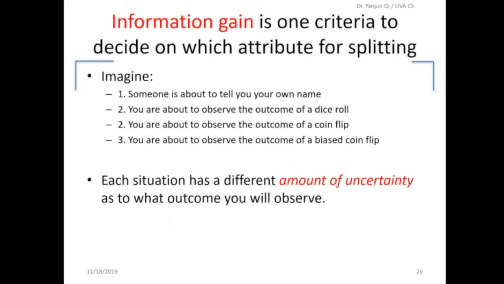We want to reduce the amount of uncertainty. That's the whole intuition behind decision trees. To figure out how to reduce uncertainty, let's first look at how you represent the amount of uncertainty. This gives you an example: there are different kinds of probability distributions, and they represent different amounts of uncertainty.